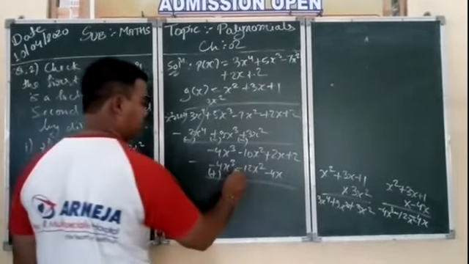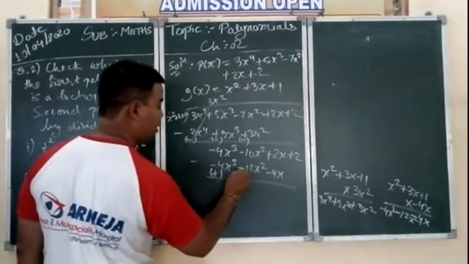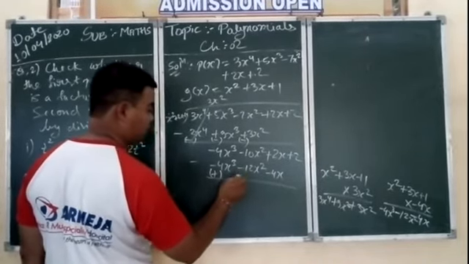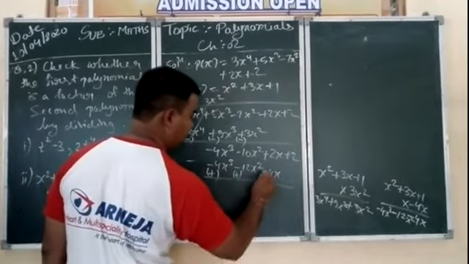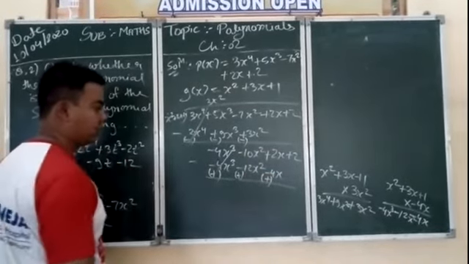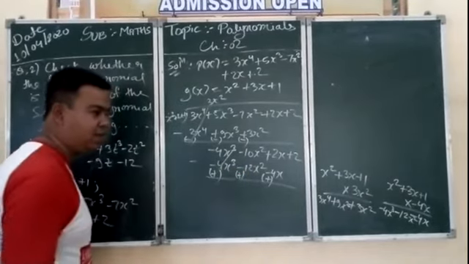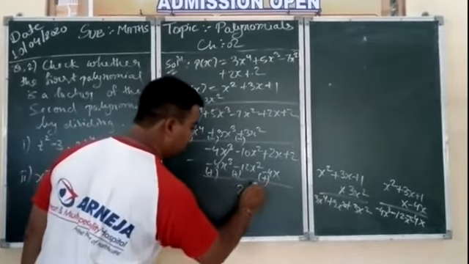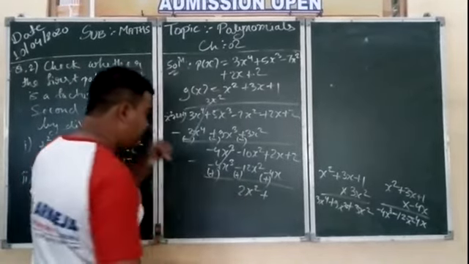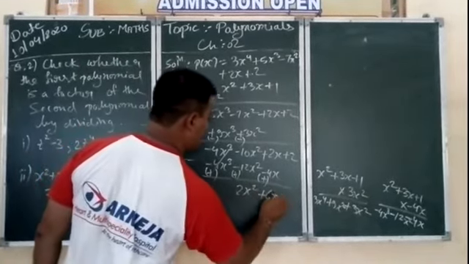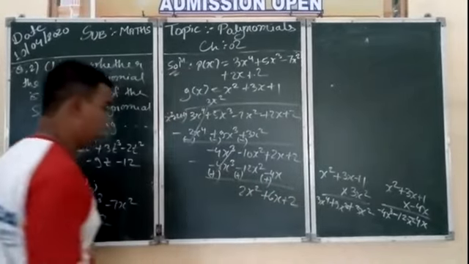Changing signs, minus 10 plus 12 is 2x square, 2 plus 4 is 6x, and plus 2.